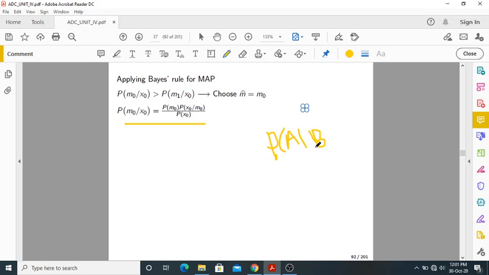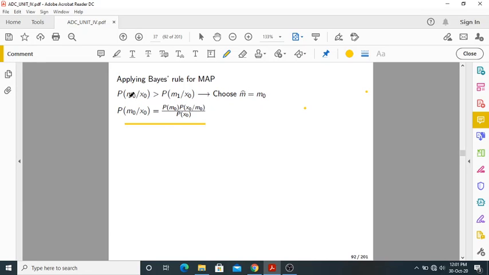P of A given B equals P of B given A into P of A, divided by P of B. I hope you are okay with this simple rule. Take pen and paper and try to write down everything in detail. This is what I have used here, that is the Bayes rule.